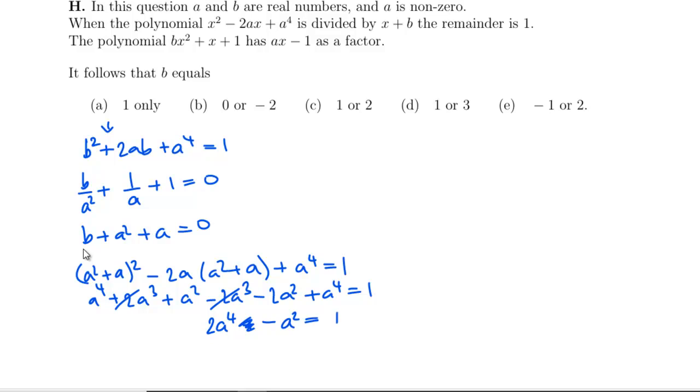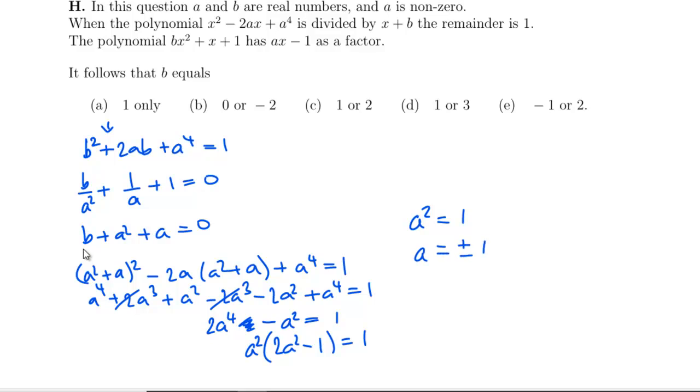Okay, and we want a to be non-zero, so that helps, doesn't it? We can divide through by one of our factors on that. So anyway, we've got a squared, 2a squared minus 1 is equal to 1. So we need a squared to be equal to 1. So a squared equals 1, a equals plus or minus 1.